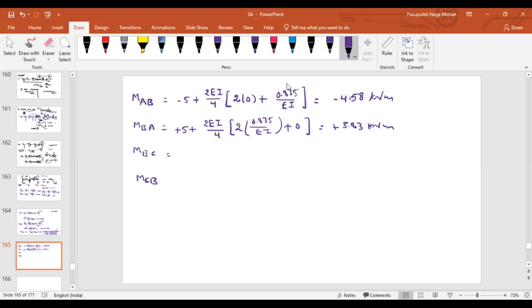Similarly, MBC. What is the fixed end moment at B towards C? According to us, it is minus 6.67 plus 2EI by length of the beam is given as 4 times 2 times of what is the near end rotation? B. So 0.835 by EI. Again, what is the far end rotation? Theta C, 0.